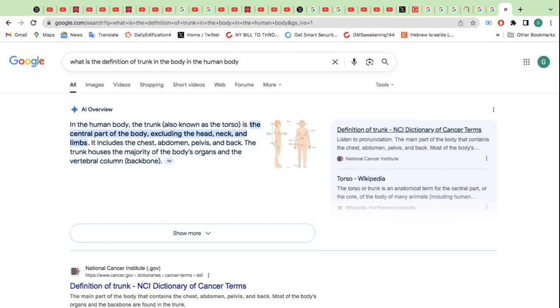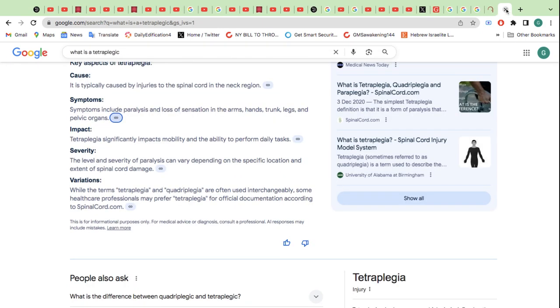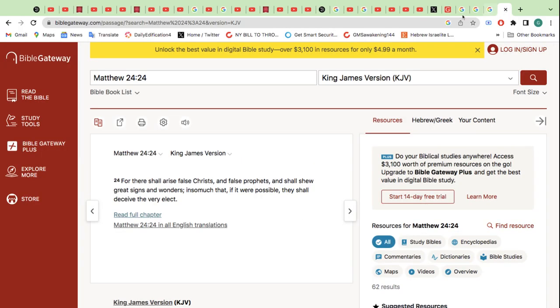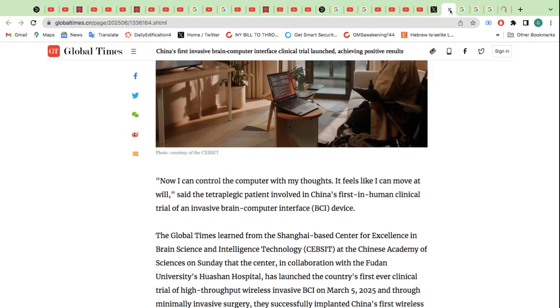Oh, the torso is a central part of the body, including the head, neck, and limbs. All right, it's referring to the torso. Severity. The level of severity of paralysis can vary depending on the specific location and extent of spinal cord damage. So basically, it's severe paralysis. All right, let's go back to the article.